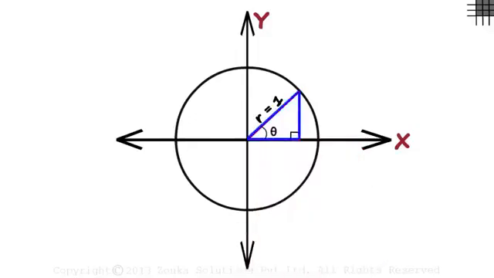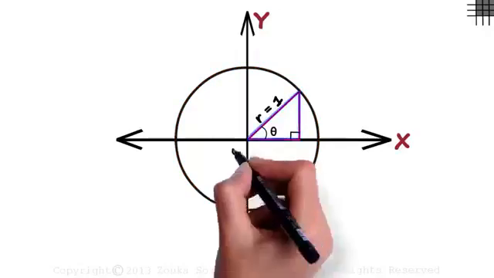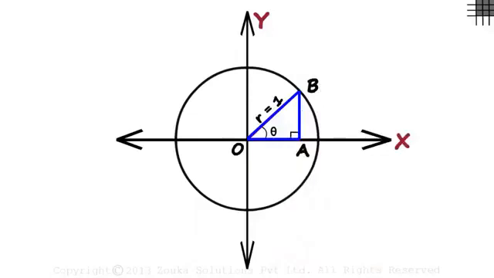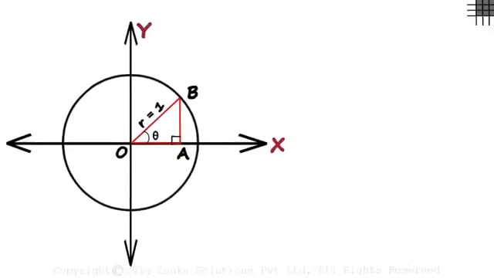This triangle is the same one we have seen earlier, just that we keep its hypotenuse equal to the radius of the unit circle, which is 1 unit. Let's call it OAB. In this triangle, OB is the hypotenuse, OA will be the adjacent side, and AB will be the opposite side. Now let's apply the formulae and see the results.